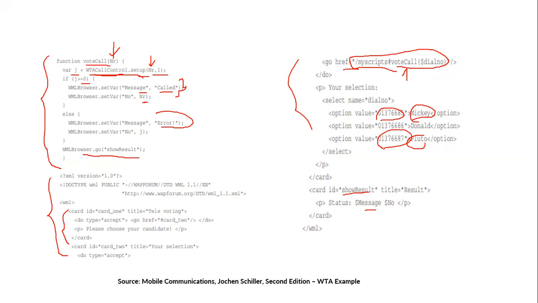And then it will check whether it is possible to make a call or not, all those things this function will take care of. So this is how this particular concept, WTA, wireless telephony application, works.